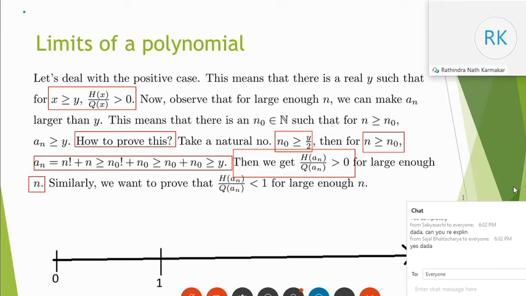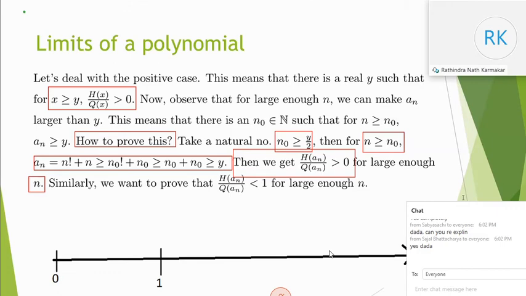So the first part, you have got that for large x, h of x by q of x is greater than 0. Now we were dealing with h of an by q of an. So to make it fit into this statement, we have to make an large enough. So how do we make an larger than y?